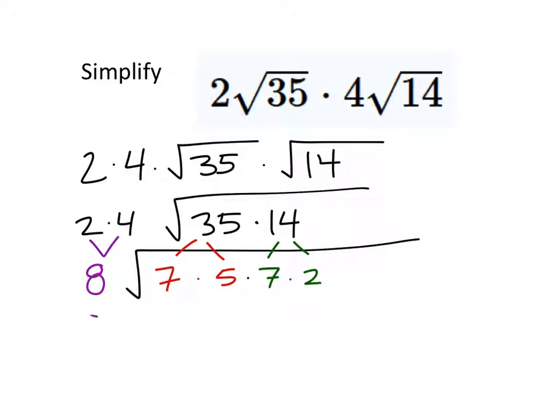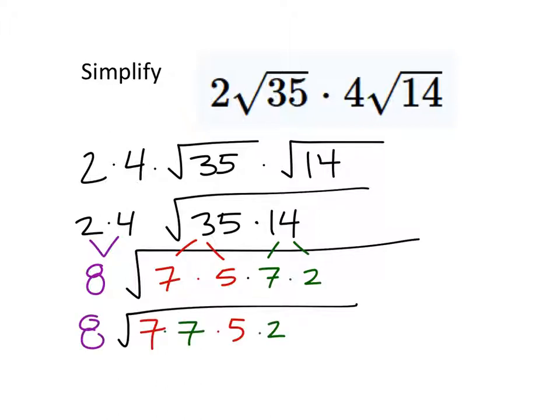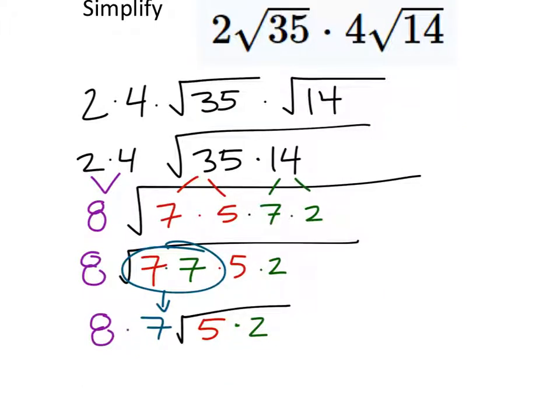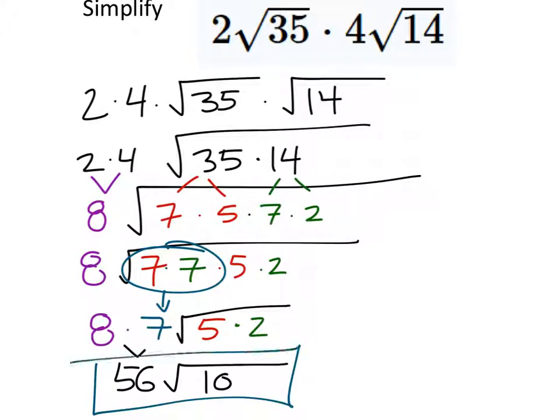Now we could rearrange this, and the only reason I'm rearranging it is so that we can see that I've got this pair of 7s, which is going to come out of that square root. Now I'll multiply 8 times 7, which is 56, and 5 times 2 is 10. 56 times the square root of 10, and that is simplified.